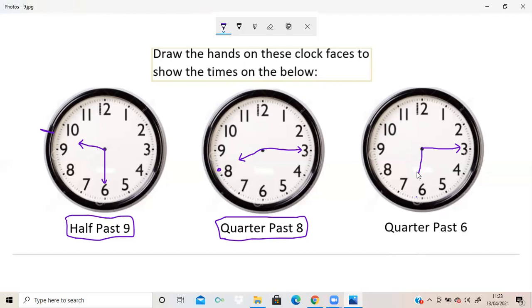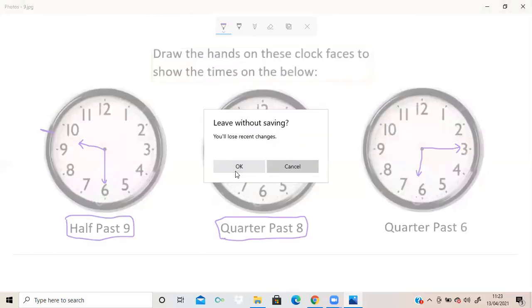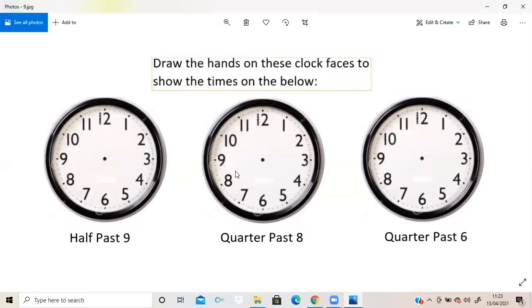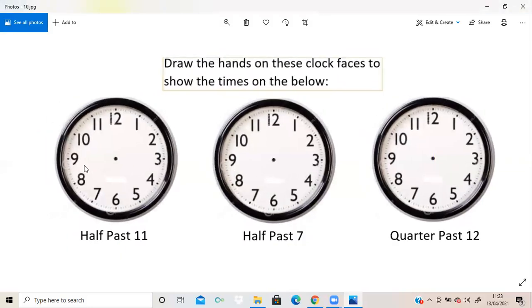After 6, the hour hand, and this is the way to draw the hands for 6:15. Let's go to the next one. The same way, please pause the video and try to do it yourself, and then you can check your answer with me.